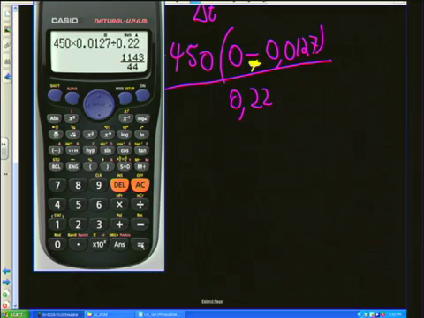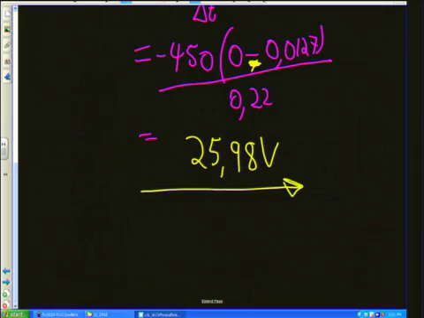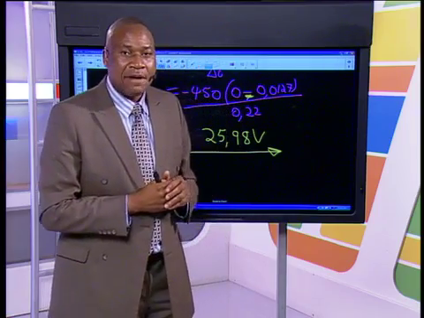Let's have a look at it. It works out to be 25.98 volts. Okay, that is the EMF that will be induced onto that particular solenoid.